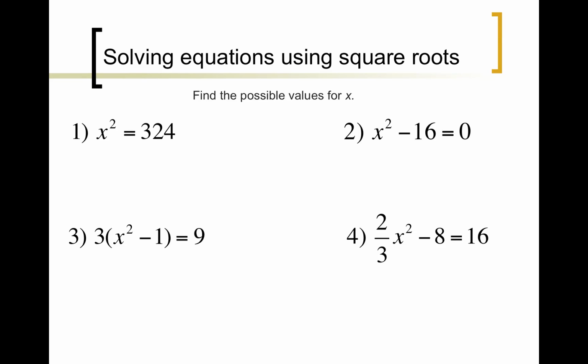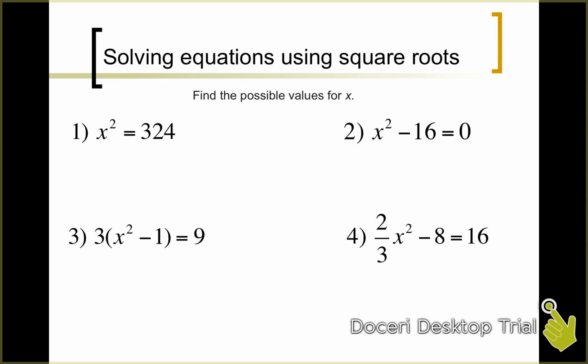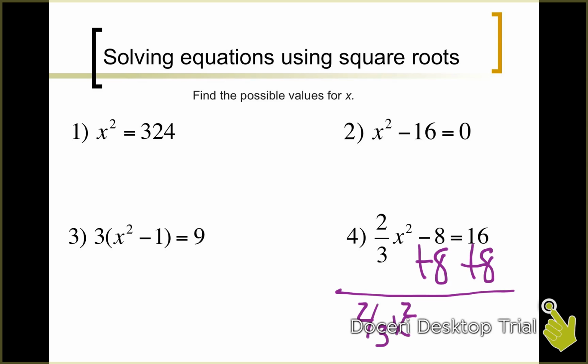Yuck! What about fractions? How do we do that? Again, get x squared by itself. So let's do this together. We're going to add 8. Then we're going to multiply by the reciprocal.